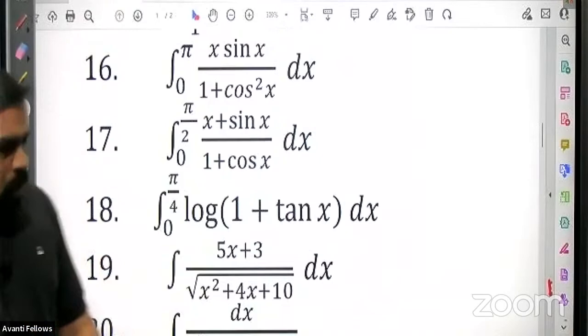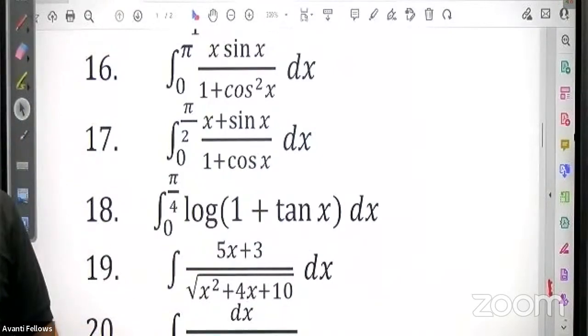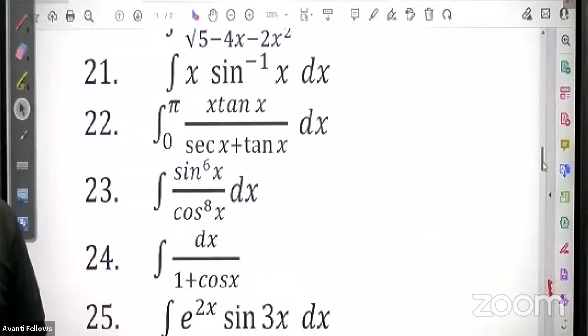Now, the next problem, what you can see on the screen, is a question from the textbook recently asked in the half-yearly term 1 examination. Question 23, and 22nd also, it's a textbook problem only.